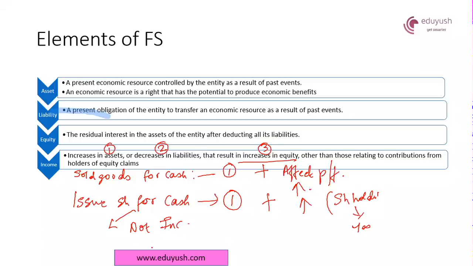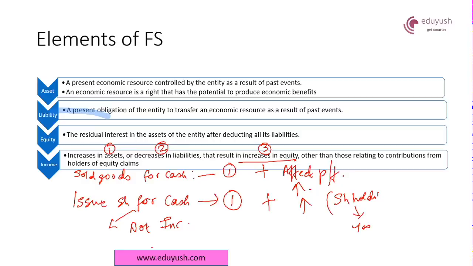So you will show the sales, and you will also show an expense. With the sale, it will increase my profit. I will show an expense because it's no profit, no loss. That will decrease the profit to the same extent, and ultimately it will become zero.